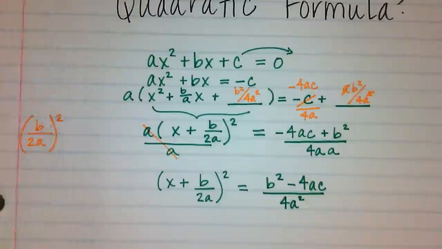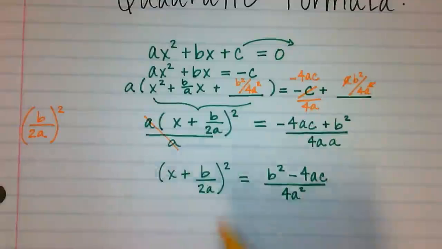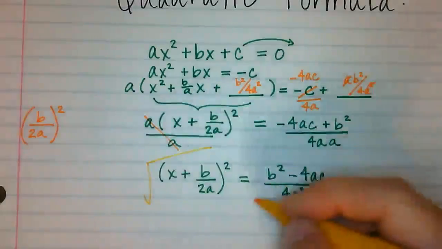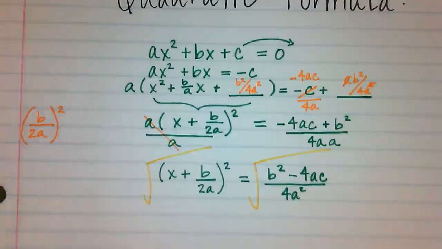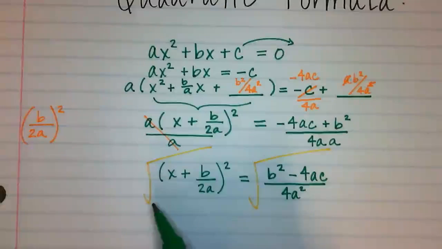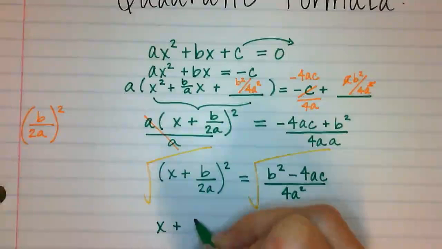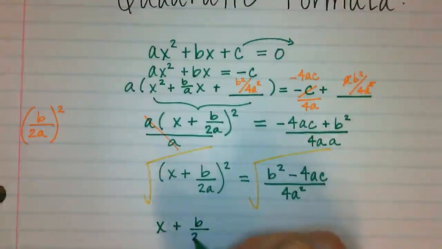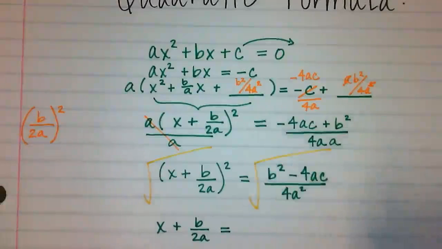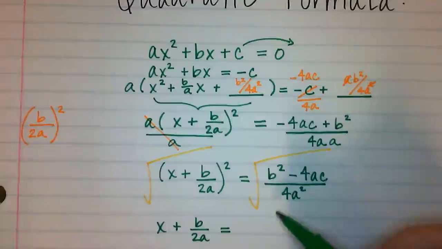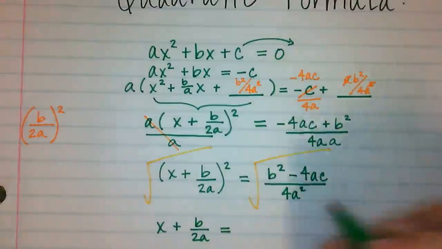So now I'm at the spot where, to solve, because remember we're solving for x, we need to take the square root of both sides. When I take the square root of something that's squared, I get what I started with. So this side is x plus b over 2a. Over here, I need to take the square root of b squared minus 4ac.